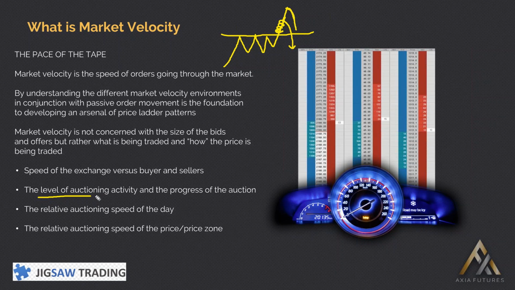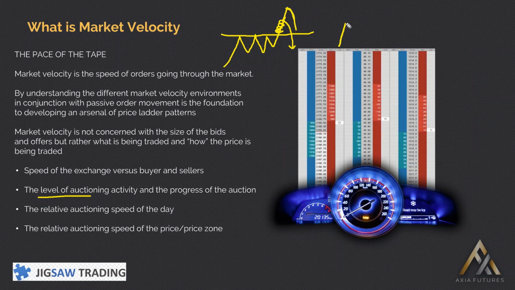So that's what I mean by the level of auction activity, and every market has its own level of auctioning activity. So really important. For example, I trade the Bund, which is a German 10-year bond, most often, and I know when the market breaches new territory and there's a really nice pickup in volume, and every price is being auctioned, I want to see between 2,000 to 3,000 lots for every price until it finds a new value zone.